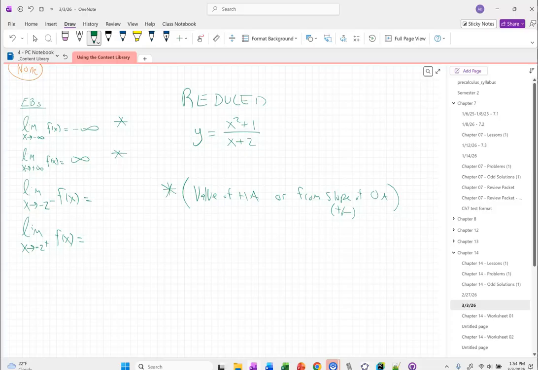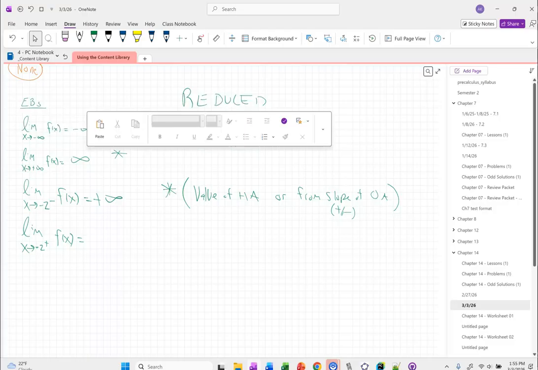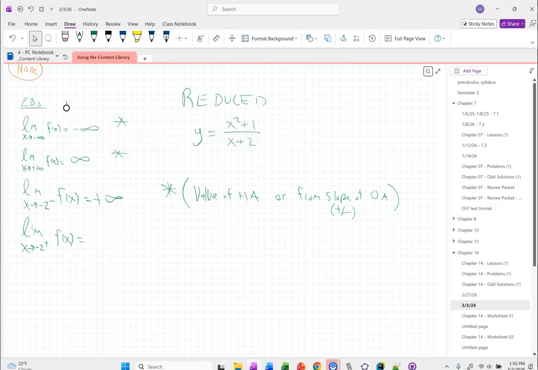Positive over positive is positive, so that's going to be positive infinity. Your end behaviors from your vertical asymptotes are always going to be either positive or negative infinity, every single time. It's only the end behaviors going to positive or negative infinity that could be finite values, but they weren't in this case.